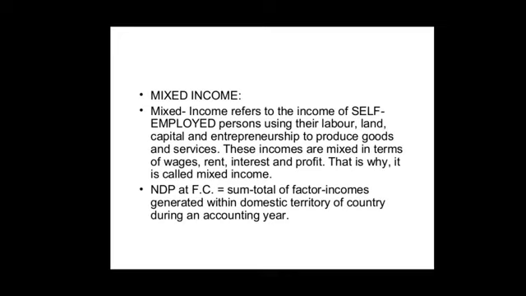These incomes are mixed in terms of wages, rent, interest, and profits, and these elements cannot be separated from each other. That is why these are called mixed incomes. For example, income of a doctor running a clinic at his residence.